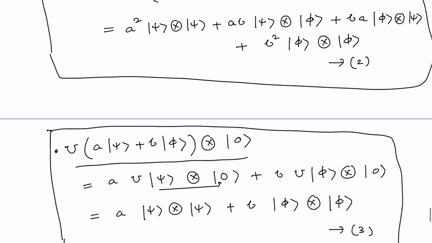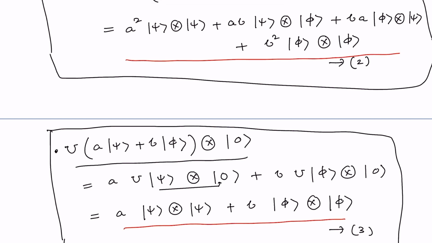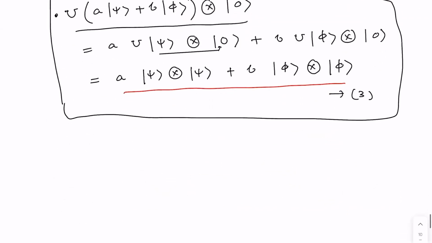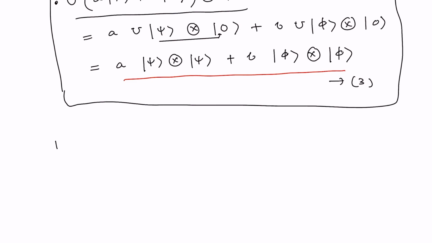Just look at this expression, on the right hand side of equation 2 and 3. Whether these two equations can be satisfied simultaneously or not, you can immediately see that this is not possible. Equation 2 and equation 3 cannot be satisfied simultaneously, because of that U cannot exist.